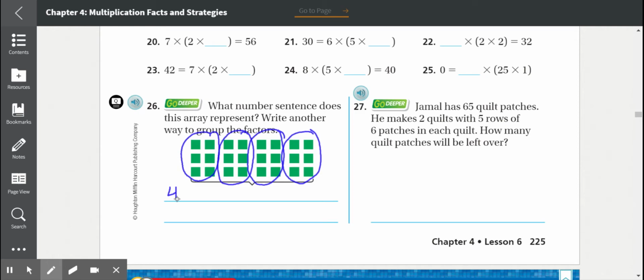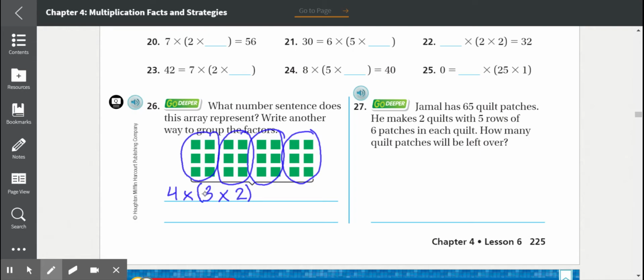So we have 4 groups, and we're going to times that. How many rows are in each group? 1, 2, 3. So we know we have 3 rows times how many are in each row? 2, 2, 2, 2, all the way across. And we would put our parentheses around those.